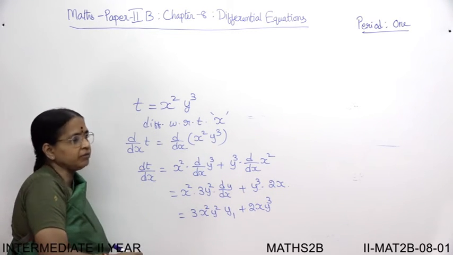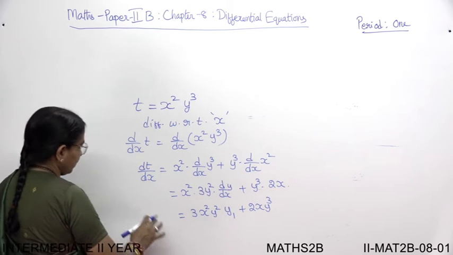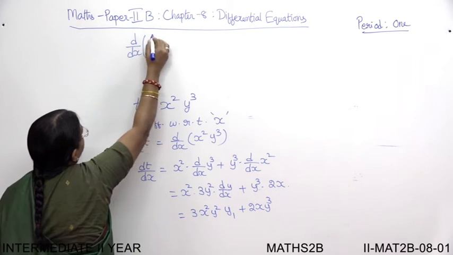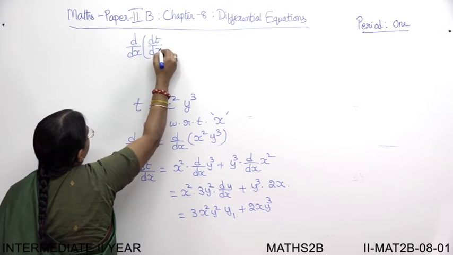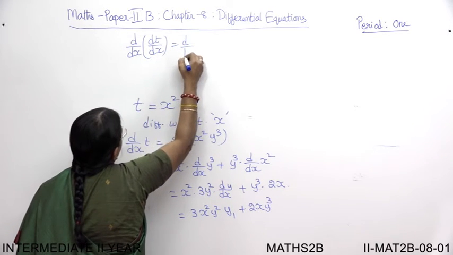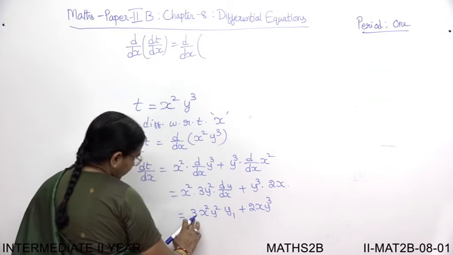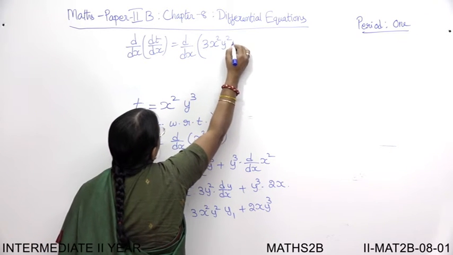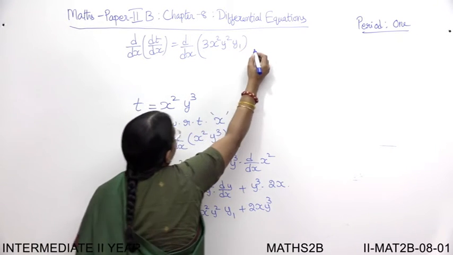Now the next one which I am going to do is very important, so understand. d by dx of dt by dx is equal to d by dx of 3x square y square y1 plus 2xy cube.